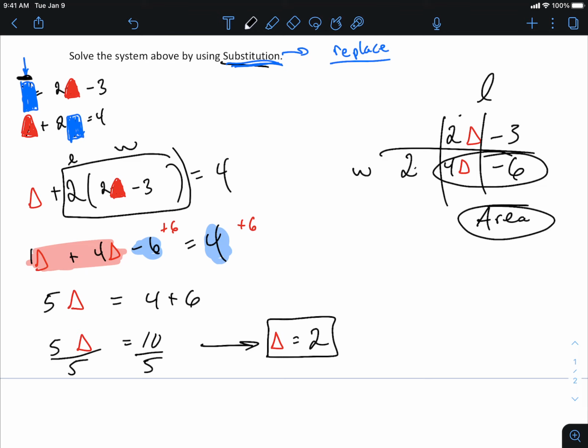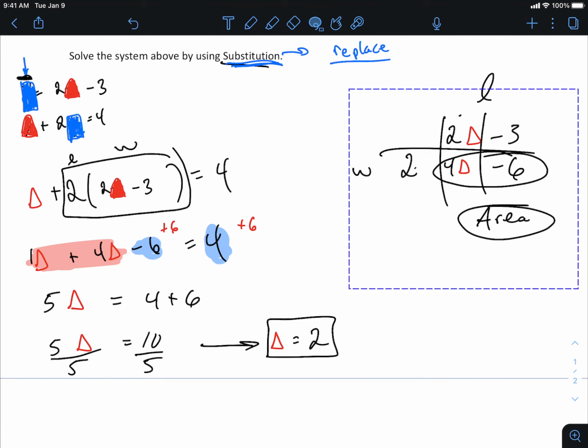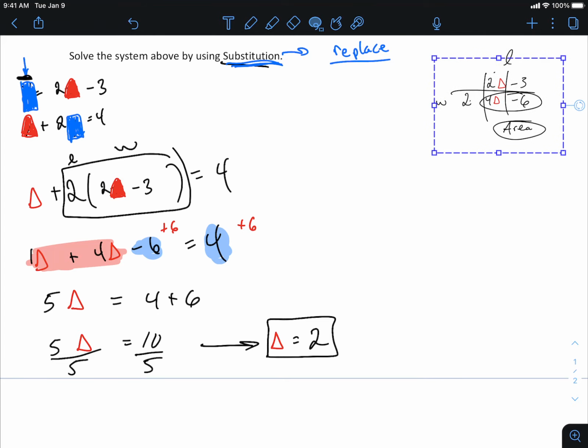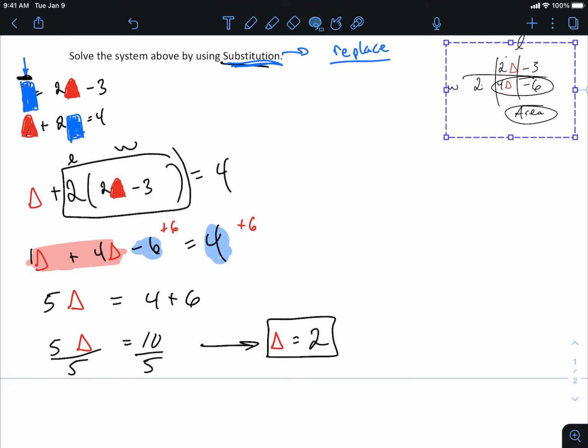Okay. Now, you'll notice that the question called for you to find 2 shapes. Okay? I need to find 2 shapes. I found the triangle, but I have to find the blue square. I still don't know what a blue square is worth.